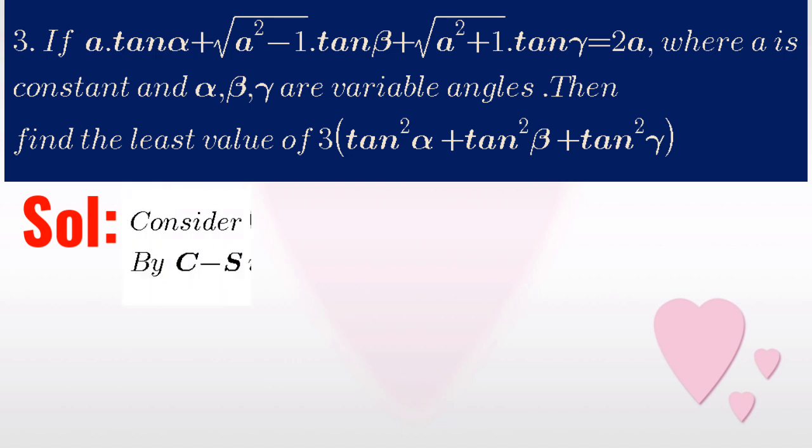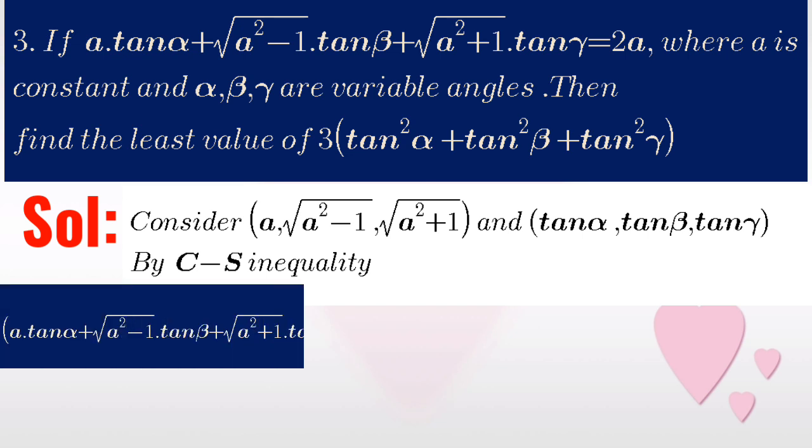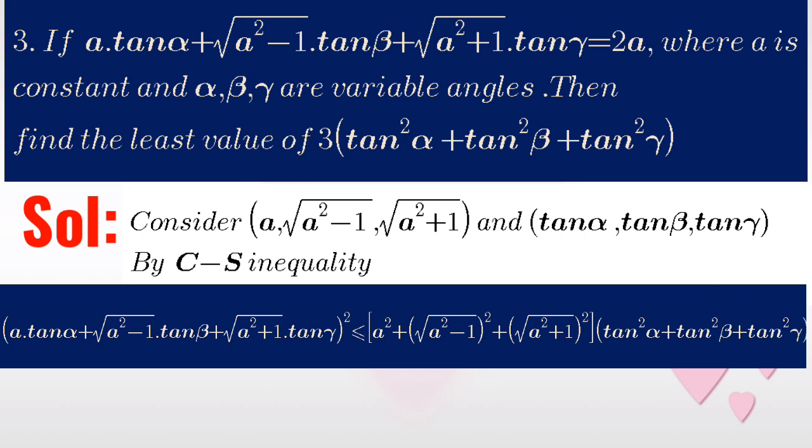Let us consider two sets of numbers: a, √(a² − 1), √(a² + 1) and tan α, tan β, tan γ. By applying Cauchy-Schwarz inequality here, we will get (a tan α + √(a² − 1) tan β + √(a² + 1) tan γ)² less than or equal to [a² + (√(a² − 1))² + (√(a² + 1))²] times (tan²α + tan²β + tan²γ).